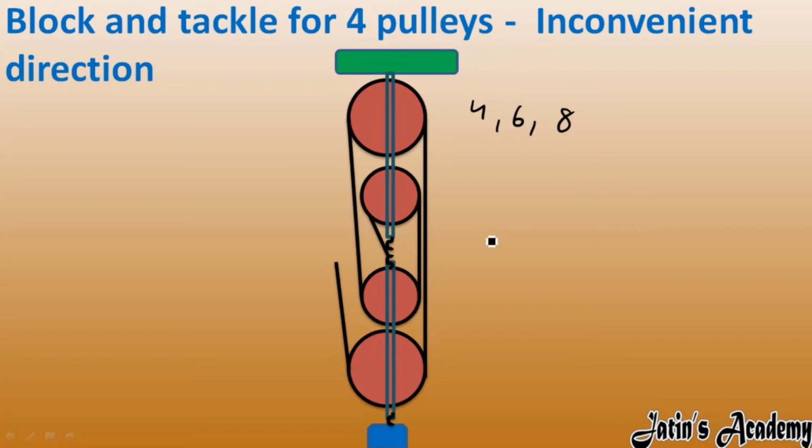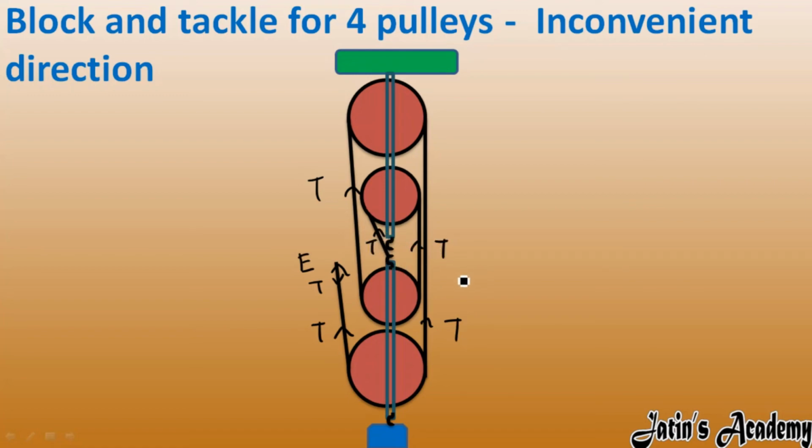Now here we have to see the mechanical advantage and velocity ratio. Effort is applied in the upward direction, and for this effort tension is downward, but for this pulley tension is upward. For this pulley tension is upward. This pulley to this pulley, tension upward. This pulley to this pulley, tension upward. This pulley to this pulley, tension upward.